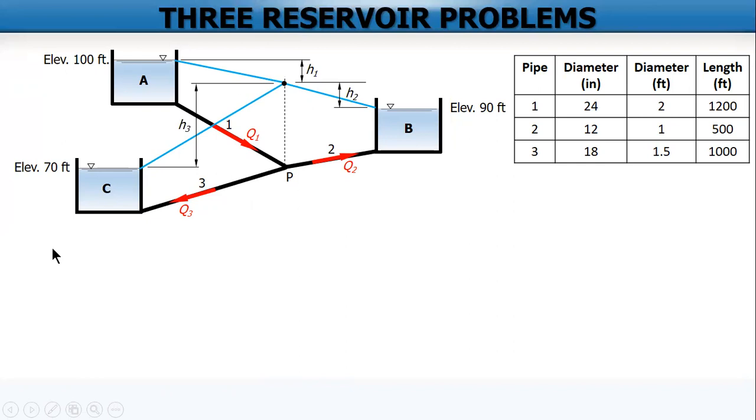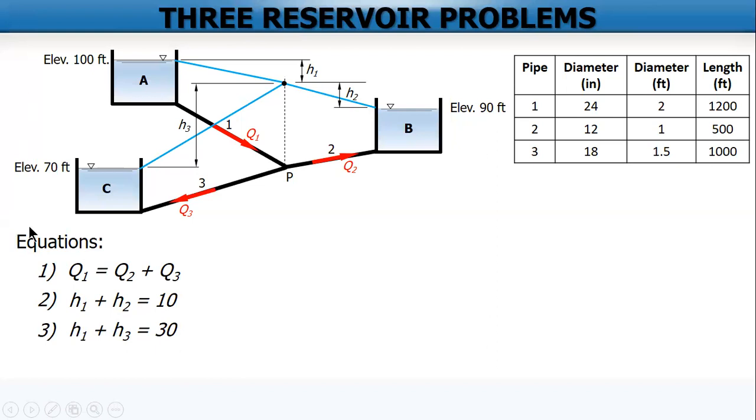The normal equations are: discharge entering equals leaving, Q1 equals Q2 plus Q3. Head loss H1 plus H2 equals 10, that is 100 minus 90, and H1 plus H3 equals 30.